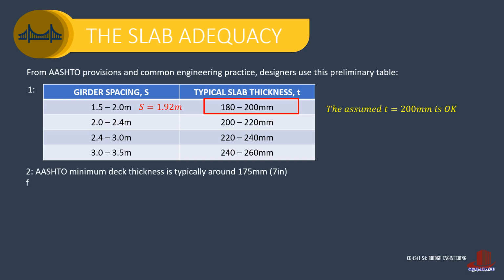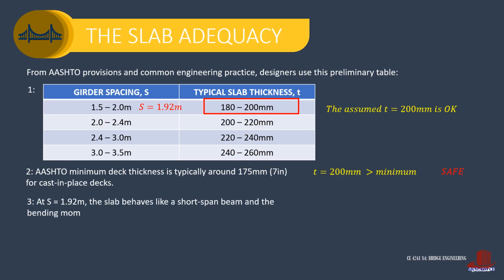Another point to consider is AASHTO's minimum deck thickness, which is typically 175 mm, or 7 inches for cast-in-place decks. The thickness we assume is 200 mm, which is greater than the minimum, so it is safe.